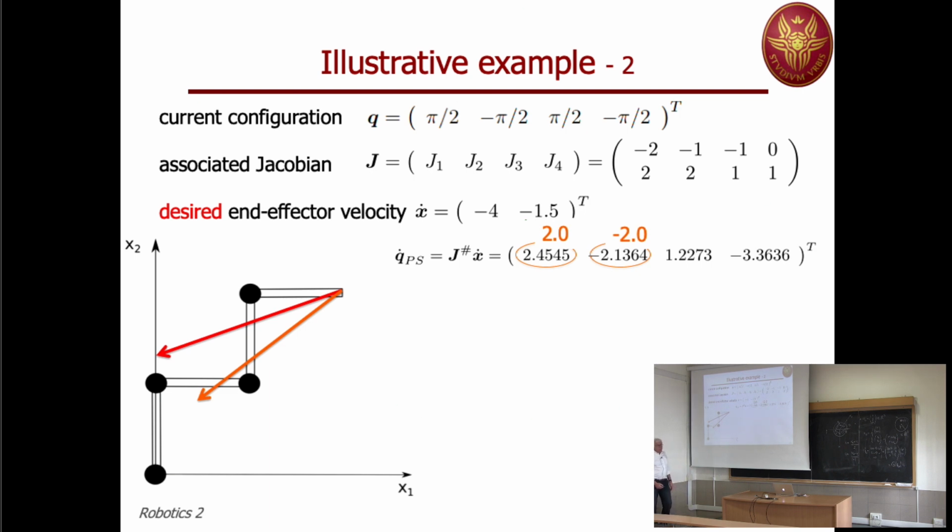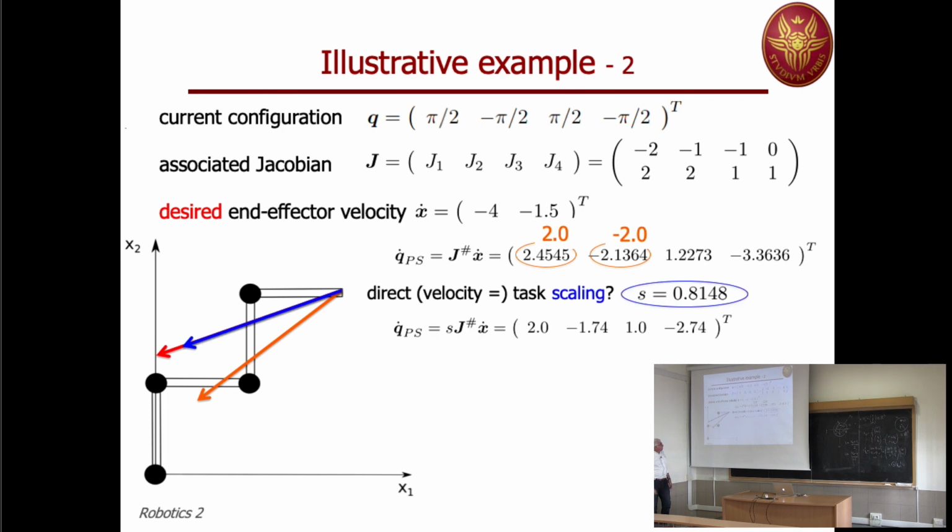So the standard solution in this case was doing direct task scaling. So without caring about which joint saturates or not, to reduce the speed of x dot, so introducing a scaling factor less than 1 to x dot, you can put this in front. Everything is linear, so scaling the task velocity will scale equally the joint velocity.